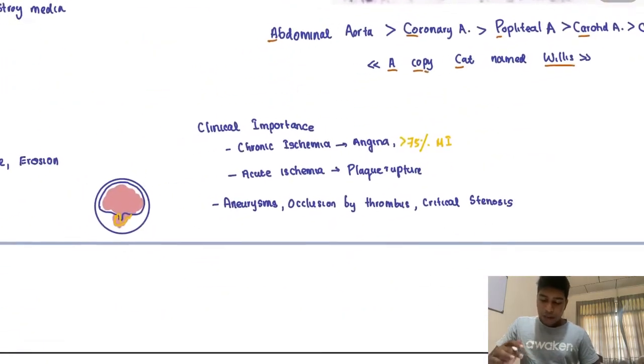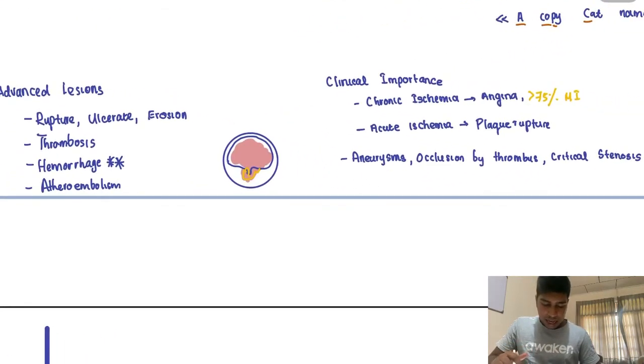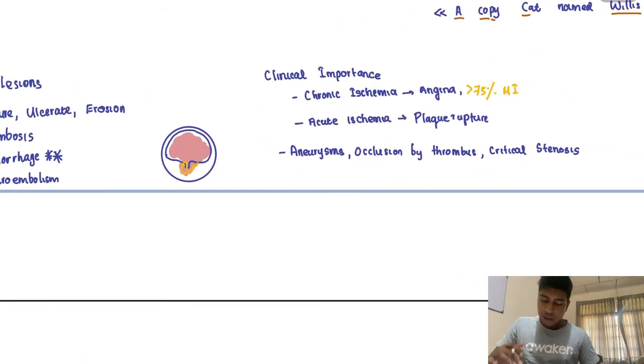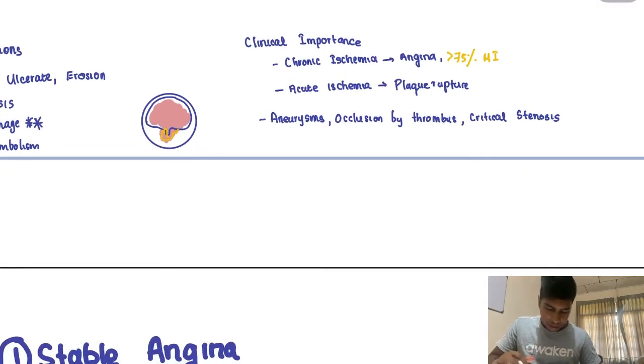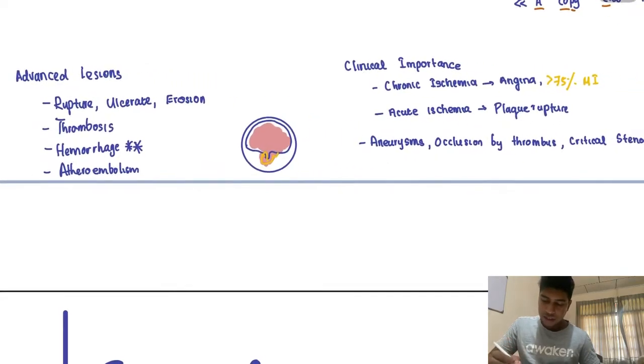If the plaque ruptures and becomes an emboli, it can go and occlude the artery wall. That can lead to myocardial infarction.